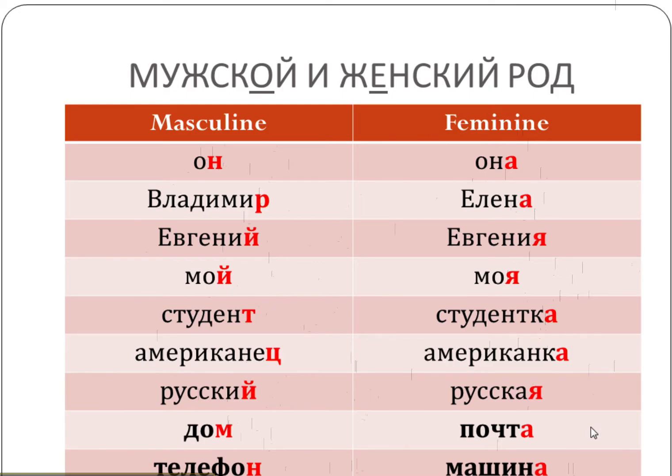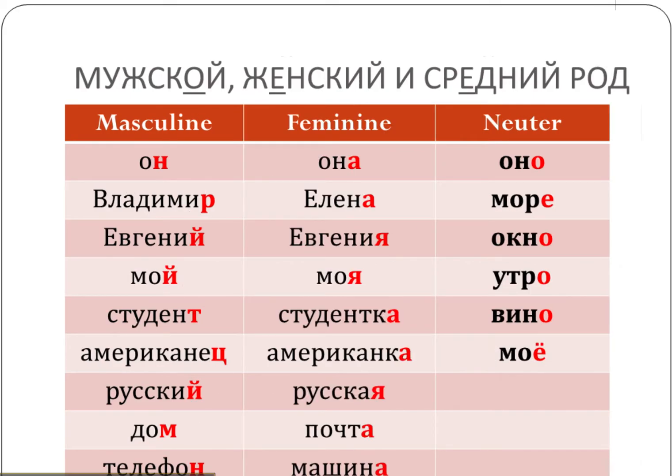So we need to add one more thing now, which is the last gender, neuter. Some textbooks are going to call it neutral, but most, including yours, say neuter. Средний род, neuter gender. So as you remember, our original personal pronoun table had 3 pronouns.